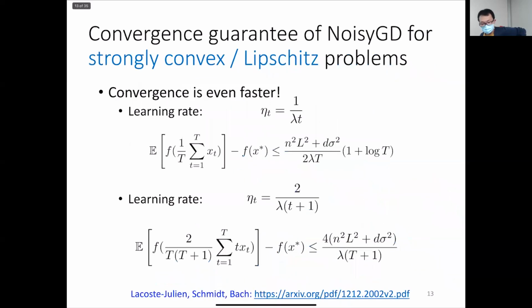Okay, so the last setting about noisy gradient descent that I want to mention is that it also adapts to the strong convexity of the loss function. Let's say that this f is lambda strongly convex. I mean that this f is the sum of the loss function plus an additional regularization term, right?